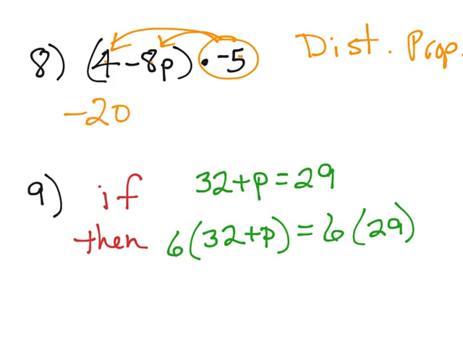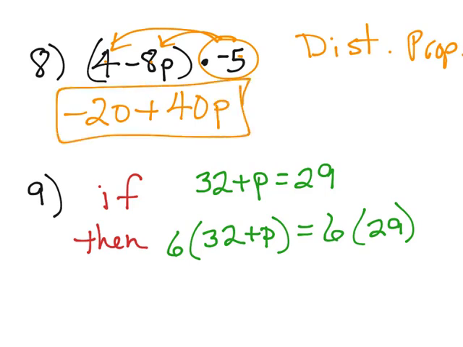Negative 5 times negative 8 is a positive 40p. So can't combine like terms. That's our distributive property. Just make sure it's a negative 5 times a positive 4 and a negative 5 times a negative 8, which gives us the positive 40, which is why we have a plus sign down there. Don't forget that.